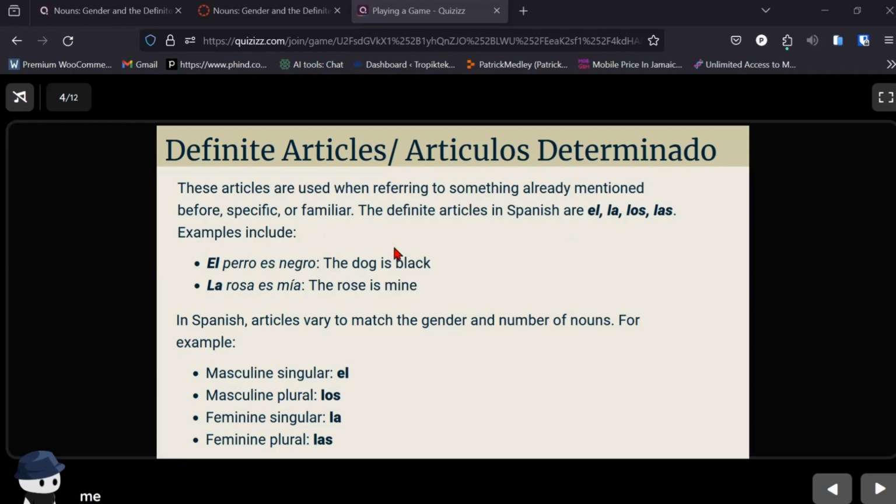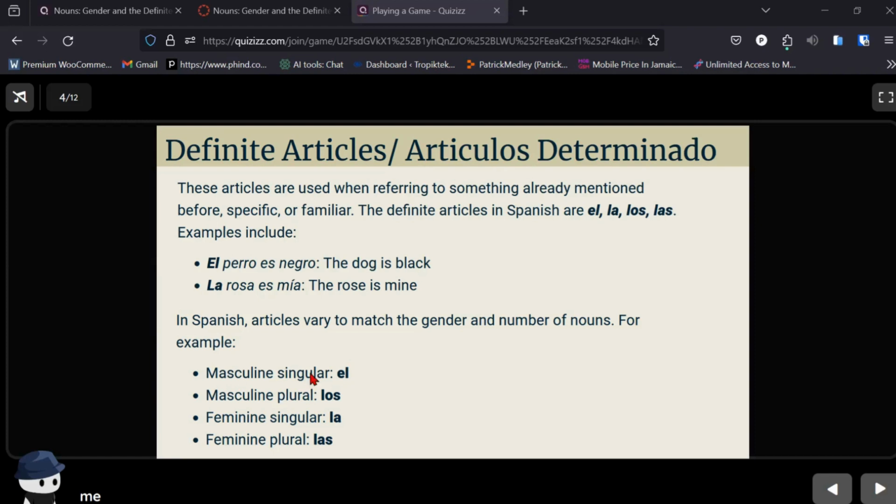We use el as a definite article for dog, as it is a masculine noun, and so we use the masculine singular definite article. La rosa es mía, the rose is mine. Here we have a singular noun, and so we use a singular feminine definite article.